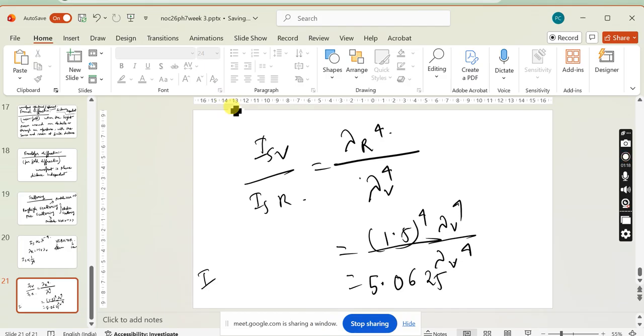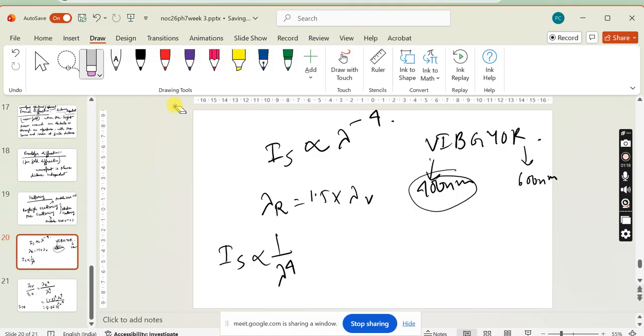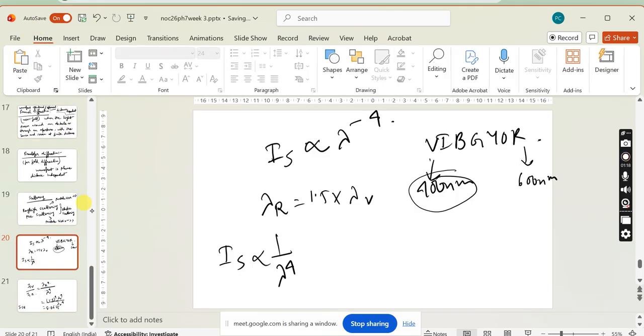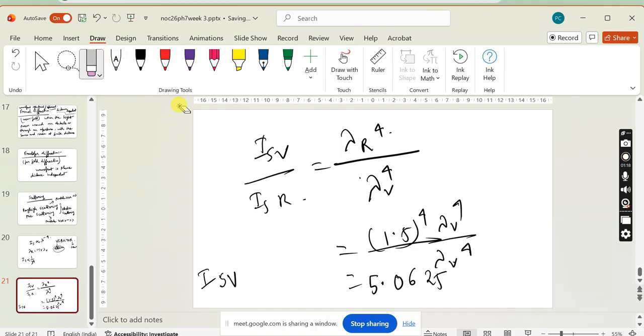So the intensity of 400 nanometer, which is about blue, because violet is completely scattered, is like 5 times the intensity of red.